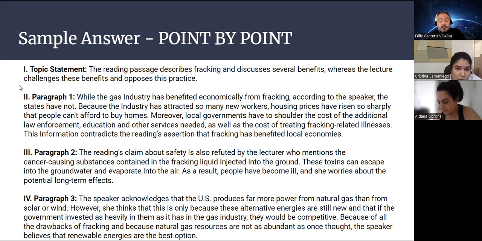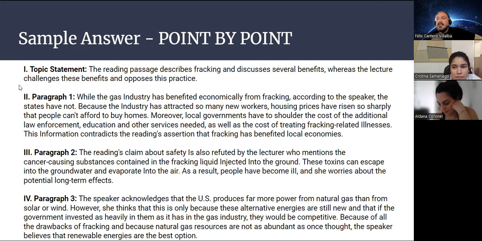Moreover, local governments have to shoulder the cost of the additional law enforcement, education, and other services needed, as well as the cost of treating fracking-related illnesses. This information contradicts the reading's assertion that fracking has benefited local economies.